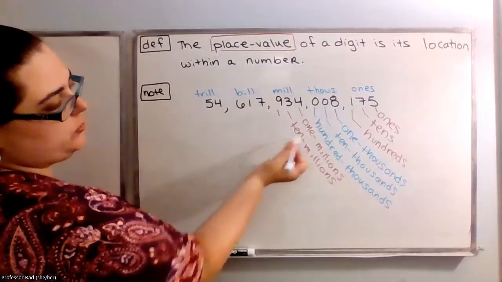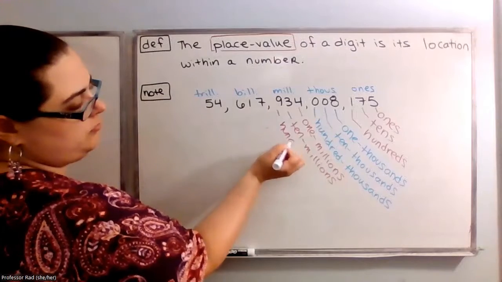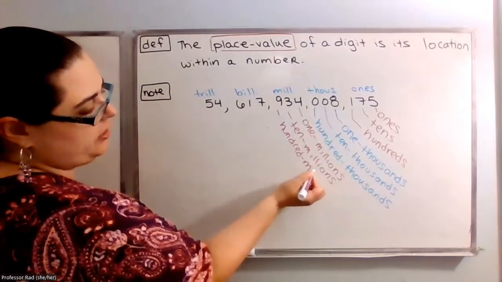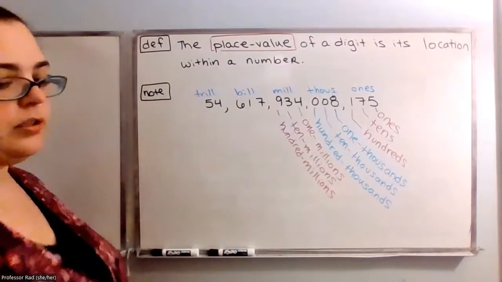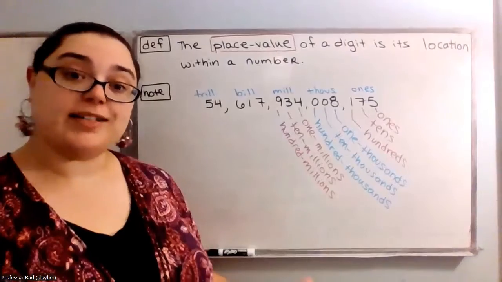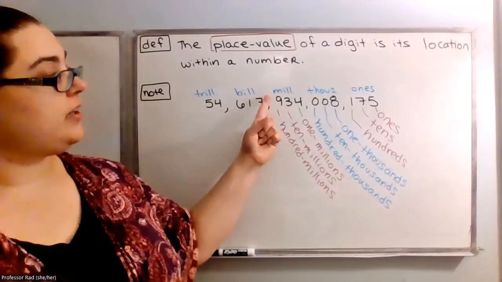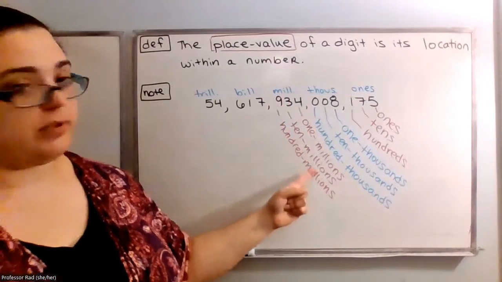And then for this one, we have 1, now we're going to have 100, and we're in the millions period, so we'll have 100 millions. So before I said maybe I want to identify the place value of the digit 3. The 3 is within the millions period, but its place value is in the 10 millions place.